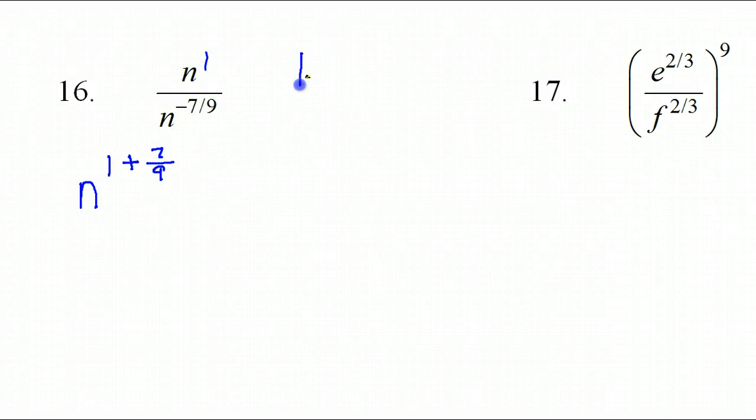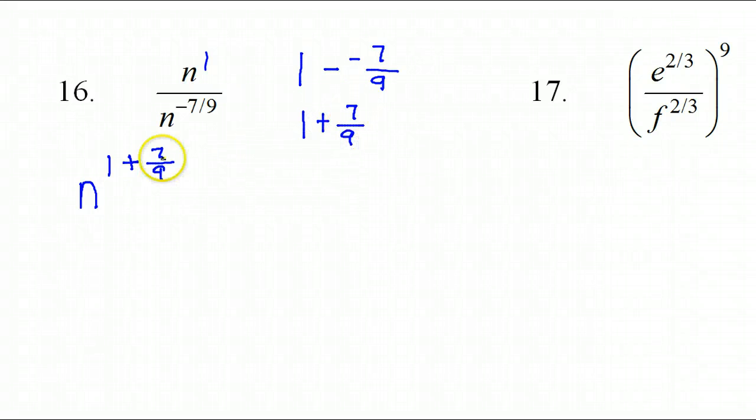But you understand, if I have 1 minus negative 7 over 9, minus and negative is addition. So that's the same thing as 1 plus 7 over 9. Okay? So continuing on to do this calculation.